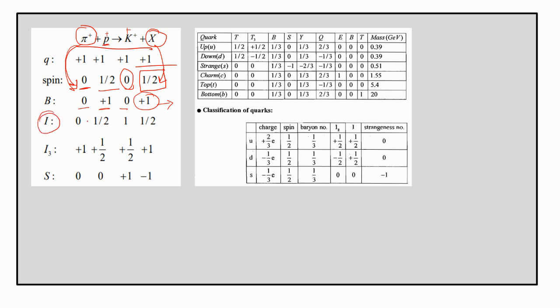Isospin I. You know that there are pi 0, pi positive, pi negative. So they are 3 in number. 2I plus 1 is equal to 3, so 2I is equal to 2, I is equal to 1. And Iz will vary from minus 1 to 1.